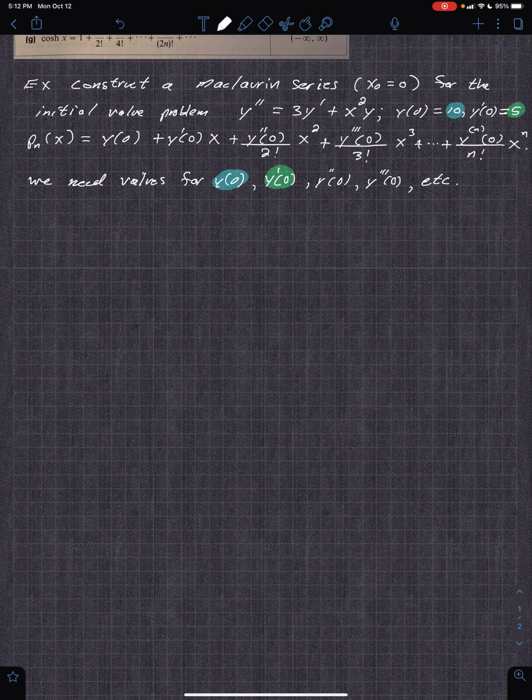Okay. All right, so to calculate y double prime of 0, we can use the given equation. We're going to use that given equation to do that calculation, right?